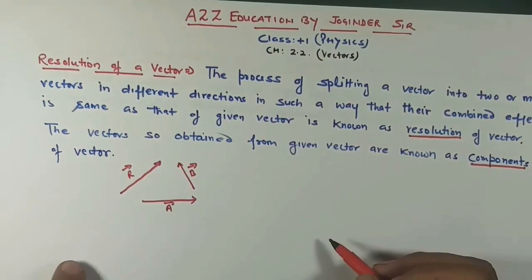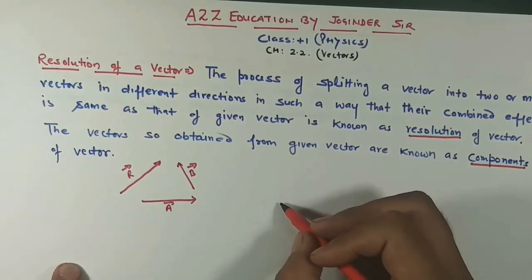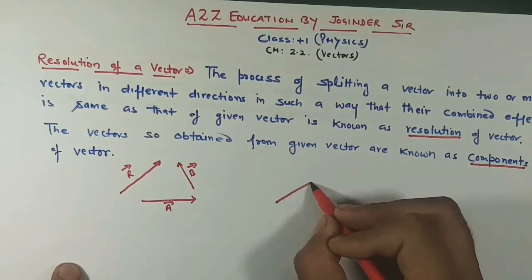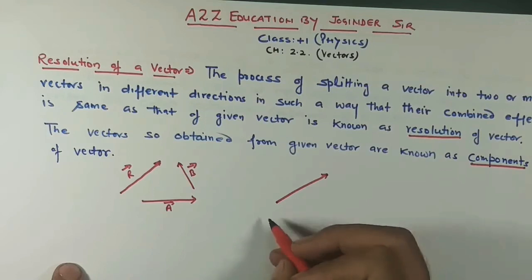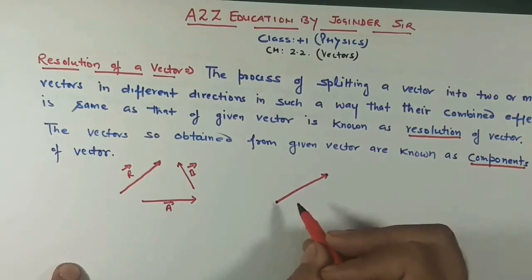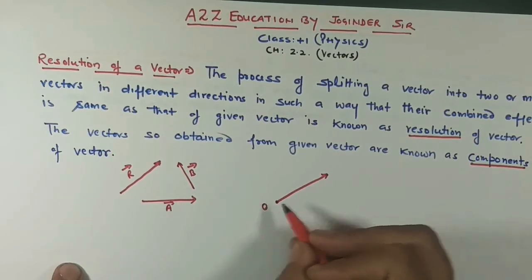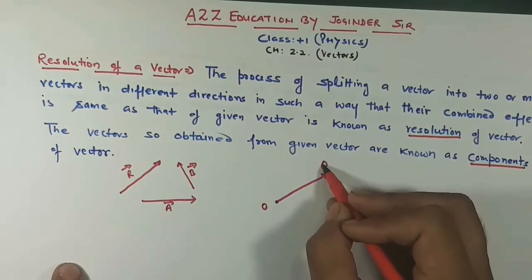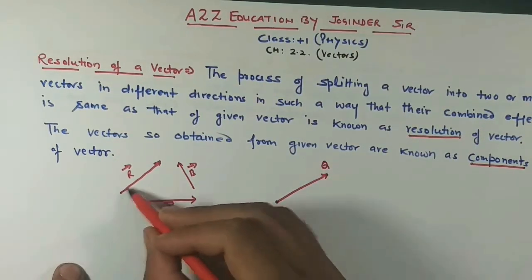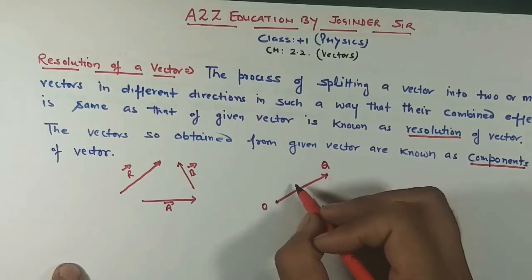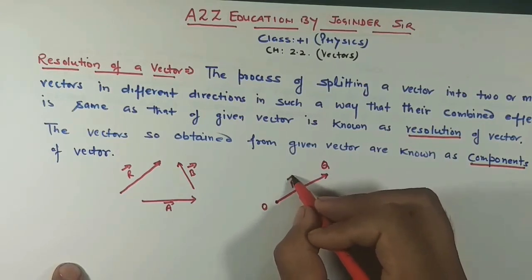So suppose we can draw a line like this. Suppose this point is O and this point is Q, and it is same as that of the resultant R, so we can take it as R.